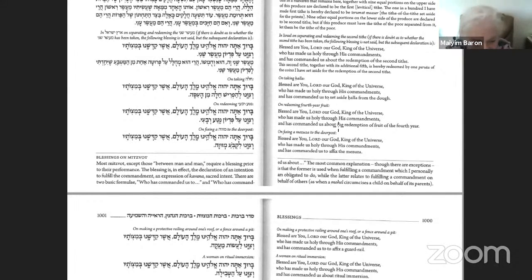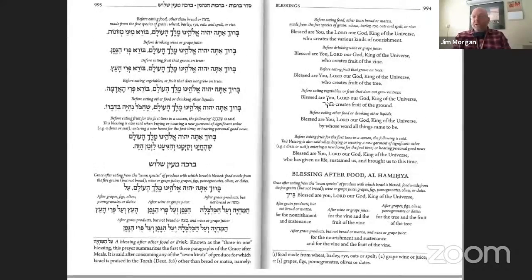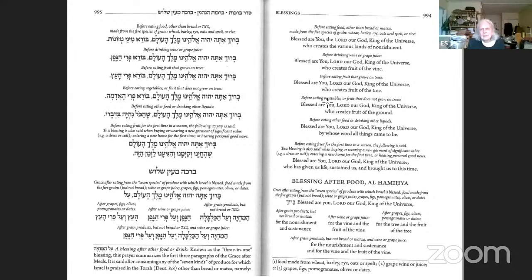So what I would say is that if you're eating a meal with bread, you can always say Hamotzi lechem min haaretz. That takes care of everything. If, as with a kiddush, you drink the wine earlier than the bread, then say Borei Pri Hagafen, drink some wine, and then say Hamotzi and eat your meal.